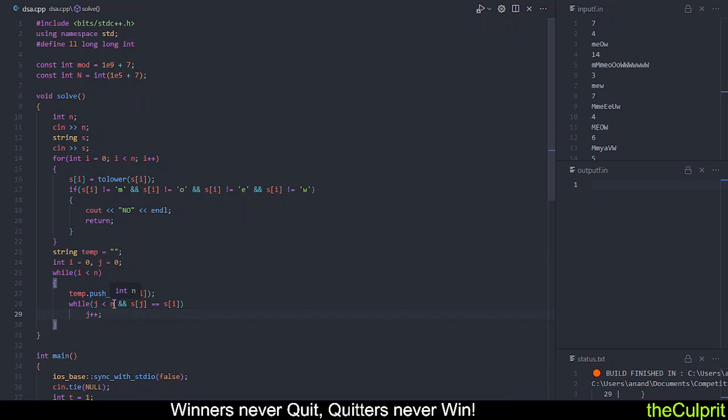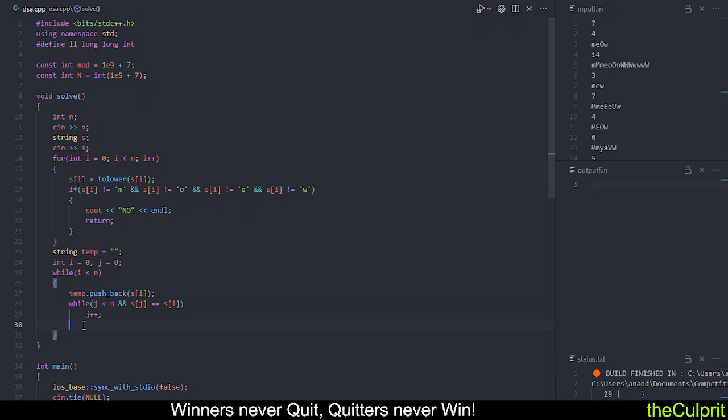And at one point when j becomes equal to n, that means the whole thing is okay. And this loop will terminate when s of j is no longer equal to s of i, or j has become greater than or equal to n, then this will break.